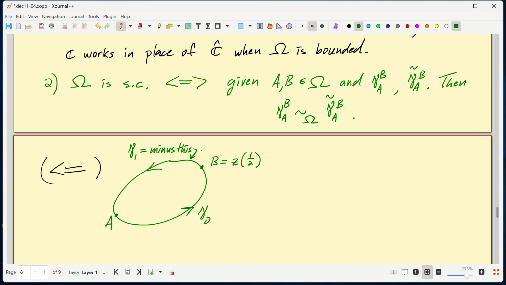And then those two would be homotopic. So I'd start at gamma naught and then go over to gamma 1. And my feeling would be, as I move those over, the last one would look like this.